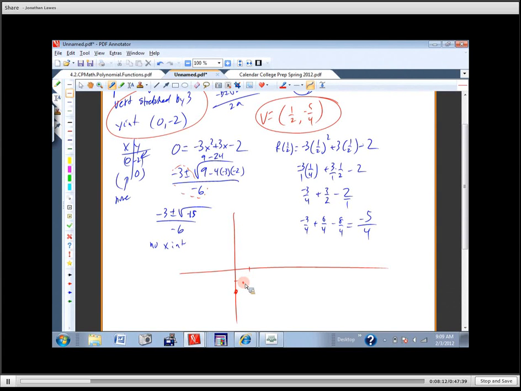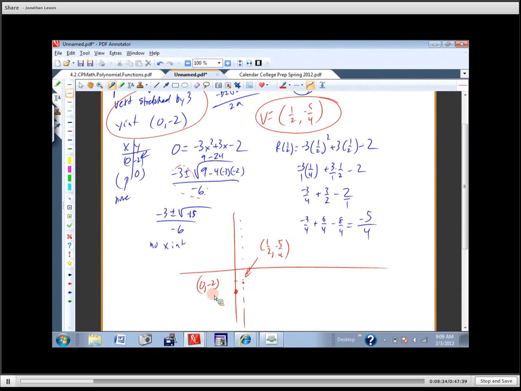Okay, now, I ought to label a couple points, so let's definitely label that point right there. Let's label the vertex. That's (1/2, negative 5/4). This is a little more difficult than the ones you did in 10, isn't it? This one right here is at (0, negative 2).